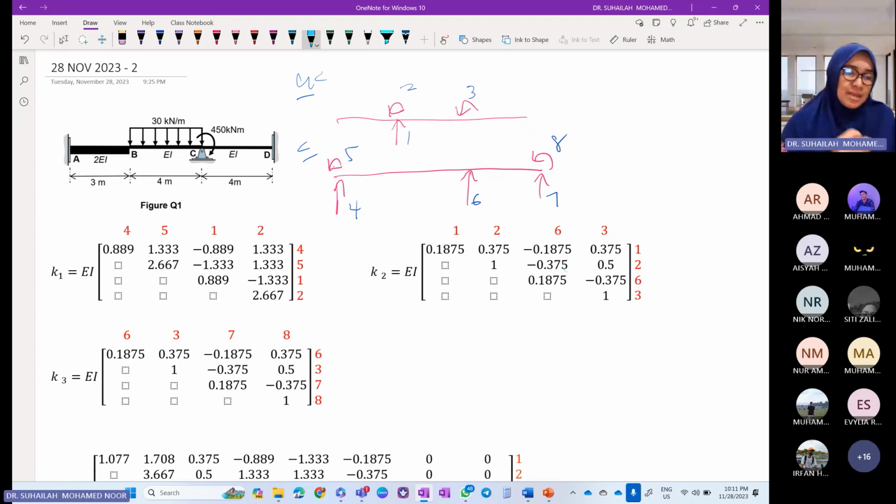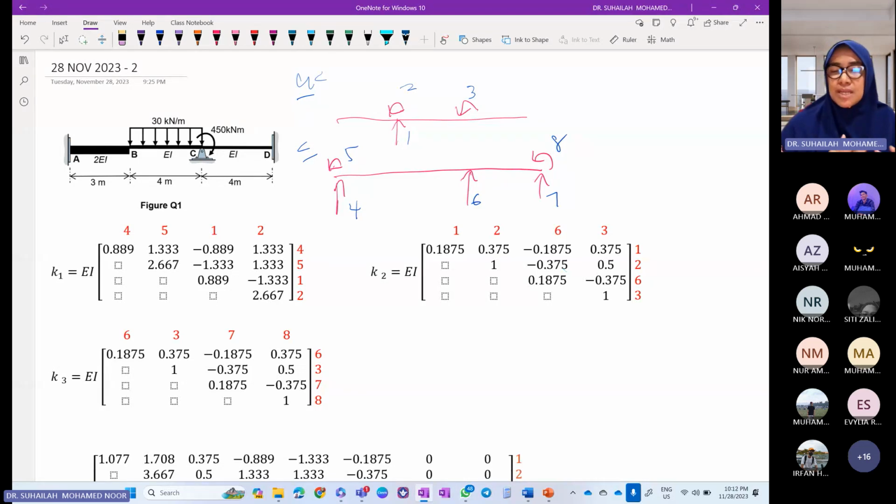For example, at B, if we declare B as a node, say AB is EI also, there is no change in cross section, but we have a loading at B. We can also declare it as a node even though AB and BC have the same cross section, because it depends on us. If we want to calculate displacement at that position, then we have to put it as a node. But for this question, it is very clear that B is a node because of the change in cross section.